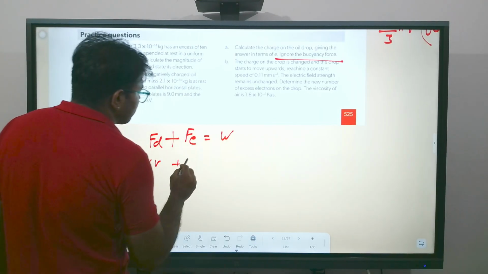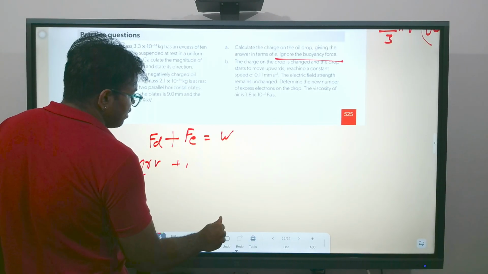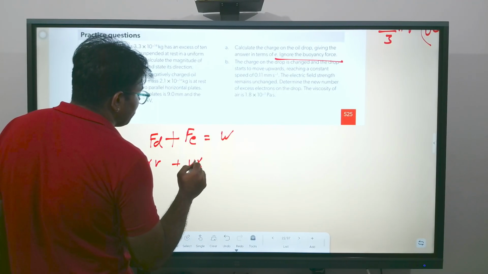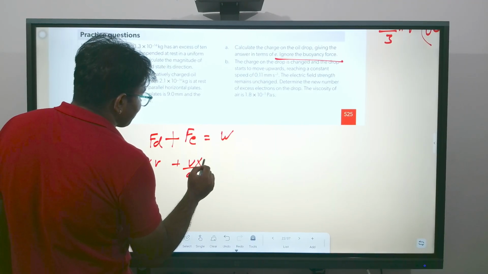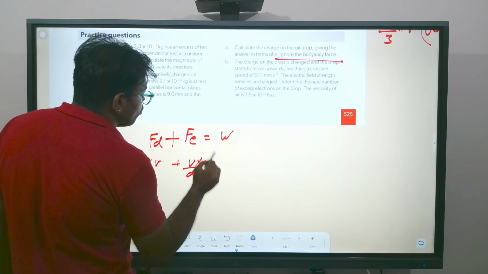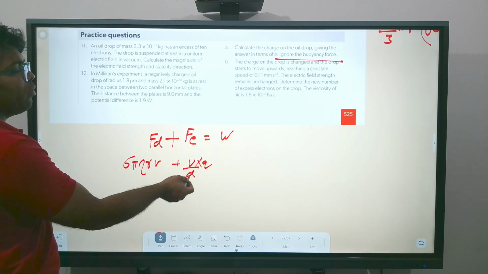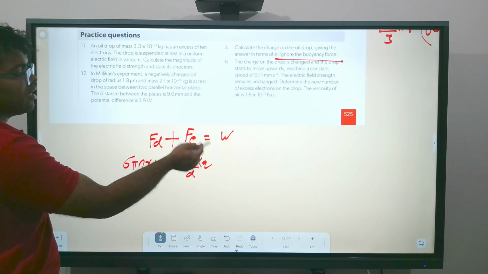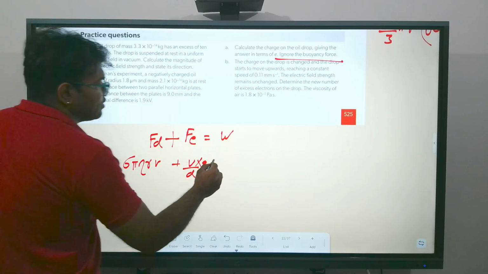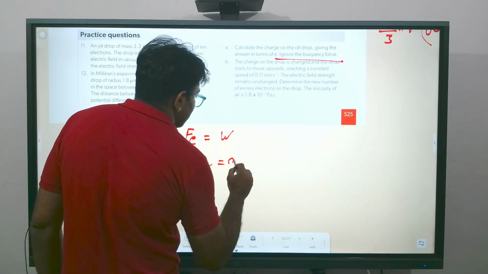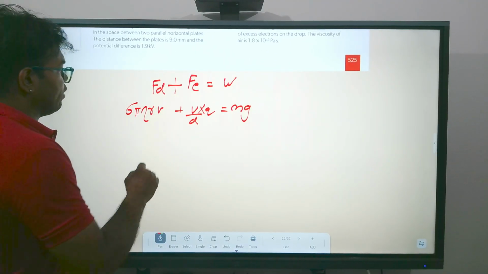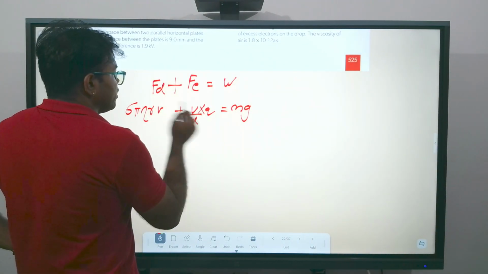Okay, we can calculate the force as V upon D multiplied by Q, right? This is what force is. Electric field times charge. Electric field is voltage upon D, is equal to mg. So okay, so we need to calculate the charge again.